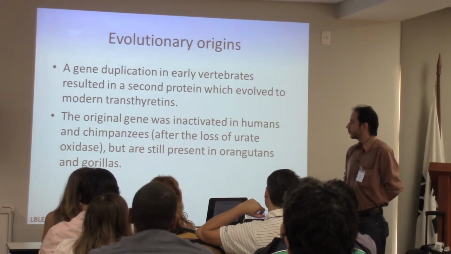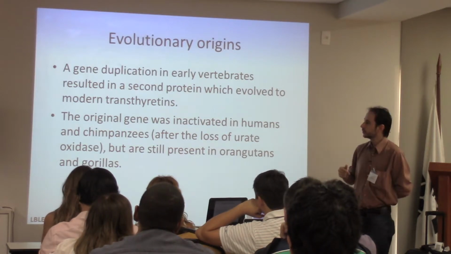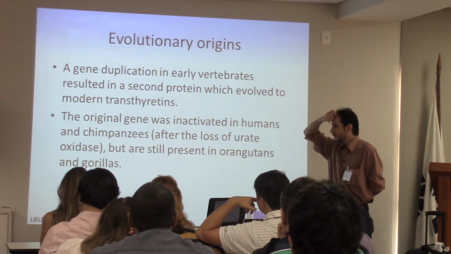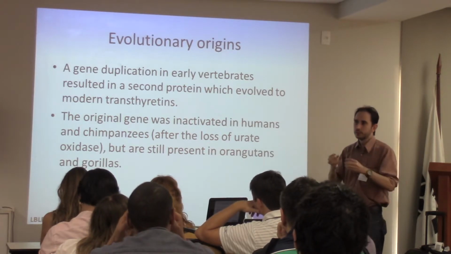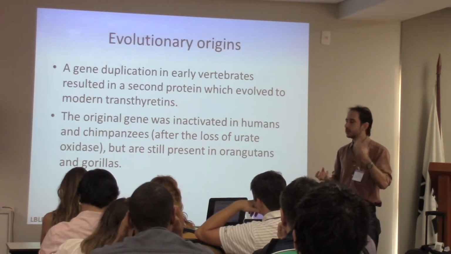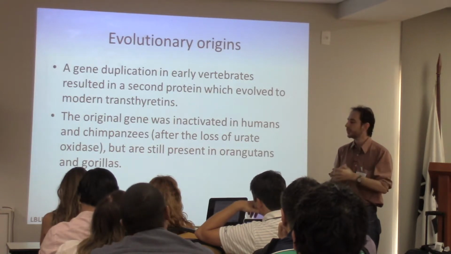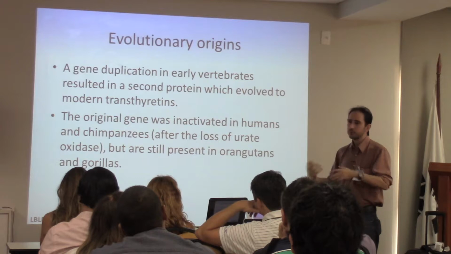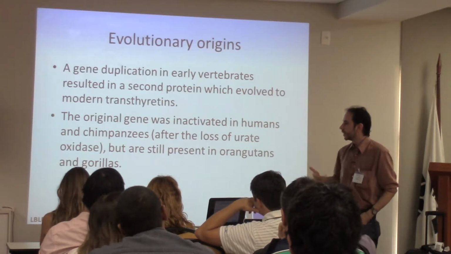The interesting thing is that the original gene, the one that did the reaction, was inactivated in humans and chimpanzees. This happened because that pathway had already lost the protein that did the first reaction, so there was no evolutionary pressure to keep the second one, and it became a pseudogene.